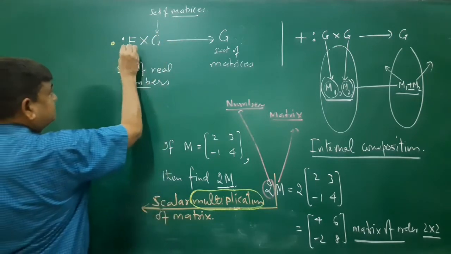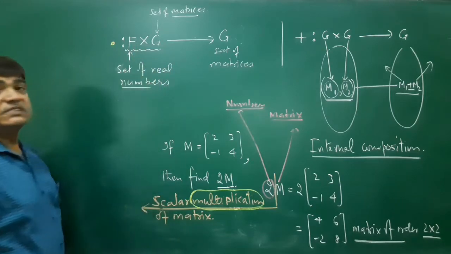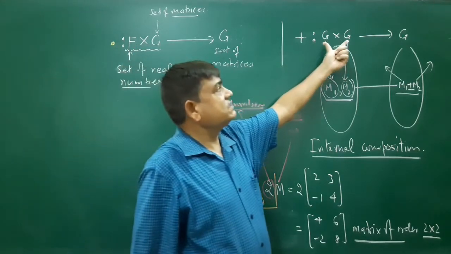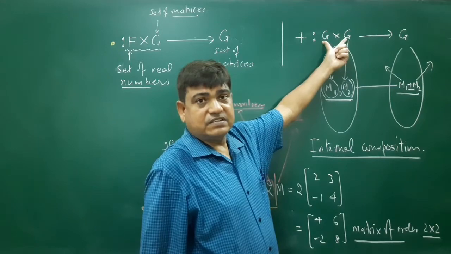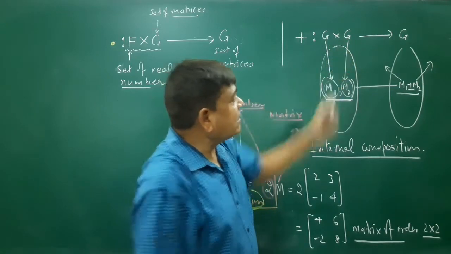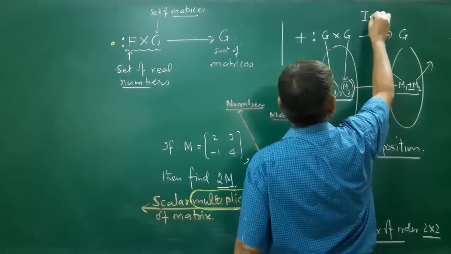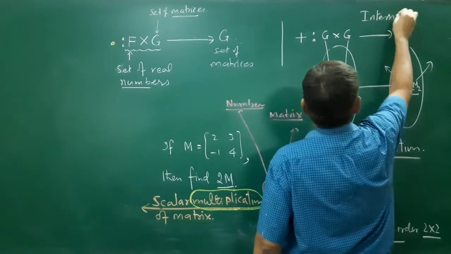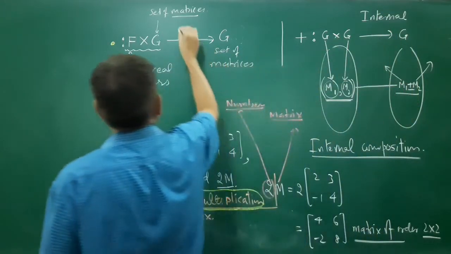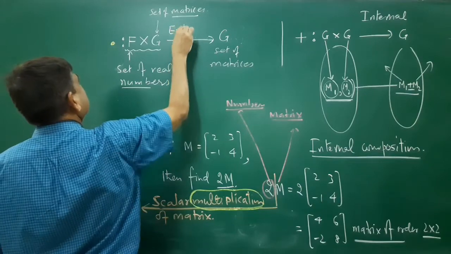Look at this. It is different from this, G cross C. This is internal composition, and this is external composition.